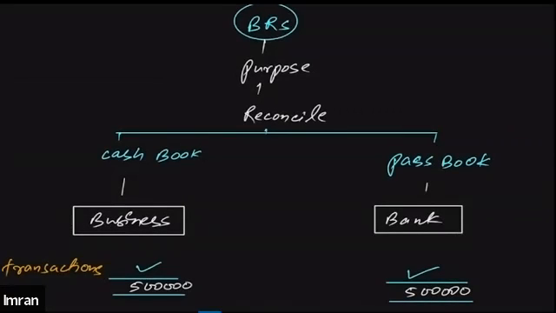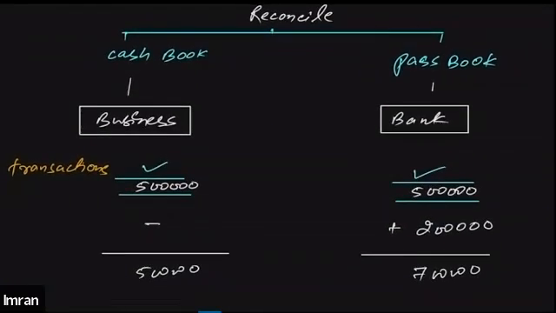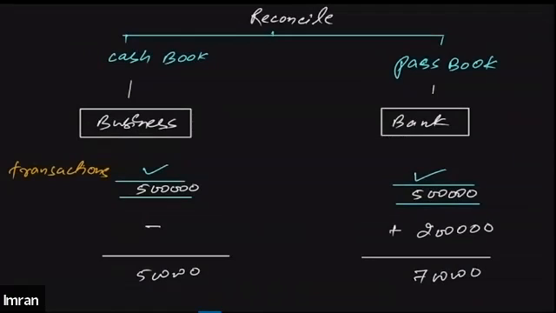Got it? There might be situations wherein certain transactions which need to be recorded in the cash book are not recorded there, but are properly recorded in the passbook. We forgot to record that in the cash book, but we accurately recorded it in the passbook. This is eventually going to cause a difference at the end of the month between the cash book and the passbook, right? Either the passbook is going to reflect a higher value or the cash book is.